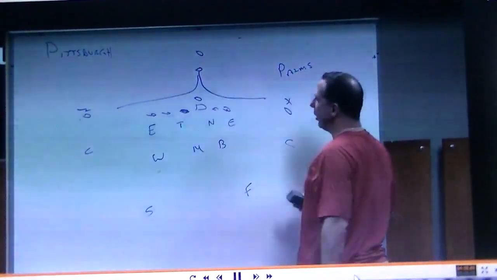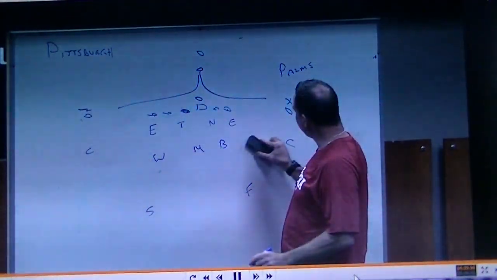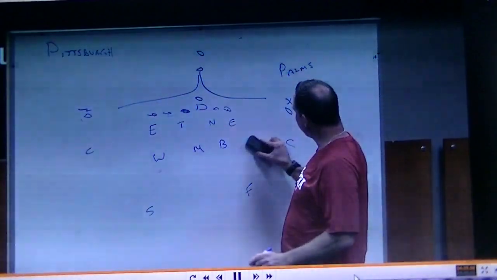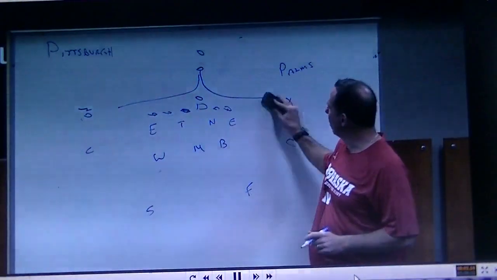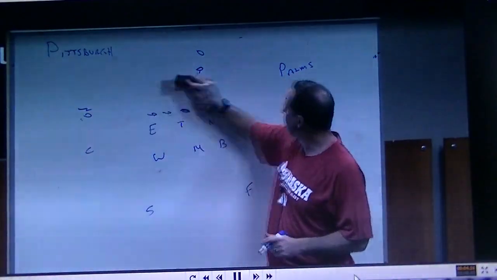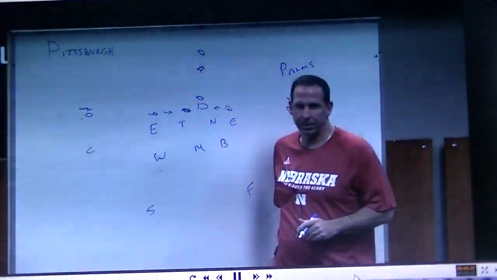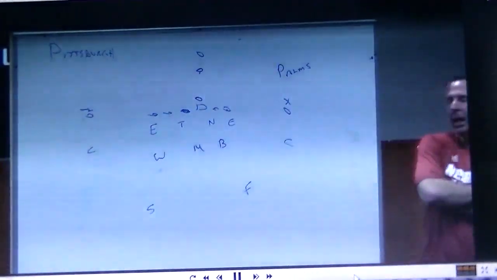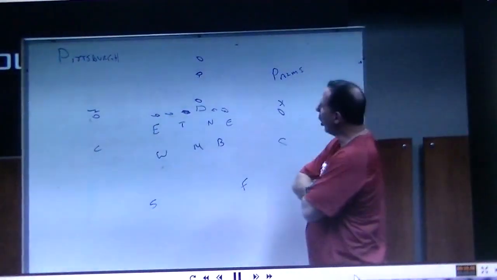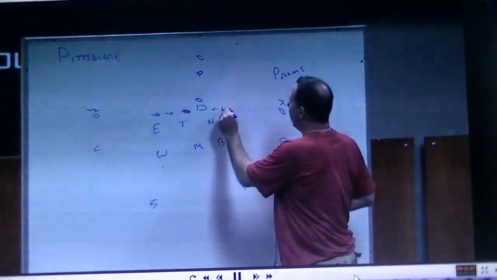They go this way or that way. We're going to get an adjuster from one of our linebackers, and we're always going to end up in palms. Everybody good there? Okay. In Pittsburgh, we're going off the flow of the fullback.